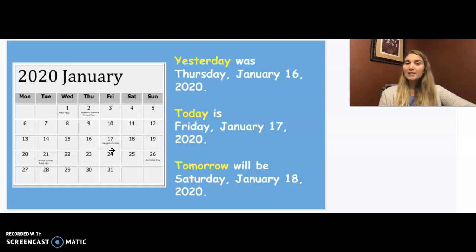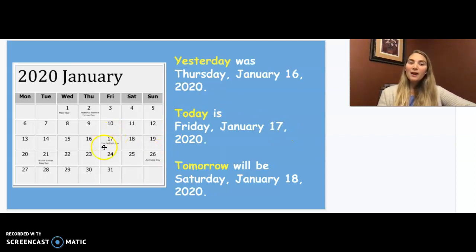So I'm going to jump one day back. And yesterday was Thursday, January 16th, 2020. Notice that the year is the same, the month is the same, but the day of the week and the day of the month has changed.